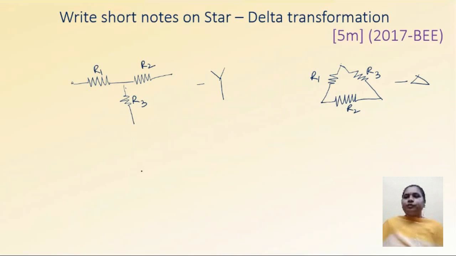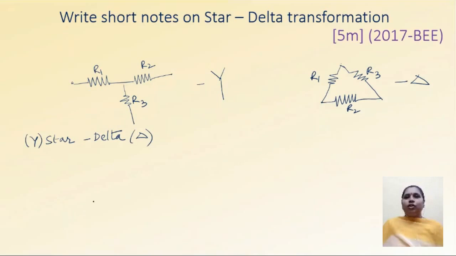So how to convert the circuit when there are such types of connections? I am taking star to delta, or Y to triangle.